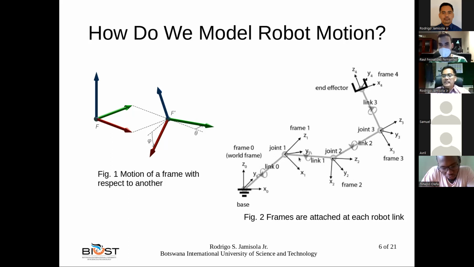That means if we can express frame 2 with respect to frame 1, we can also express frame 3 with respect to frame 2, and frame 4 with respect to frame 3. If we are able to model the movement of one frame with respect to the other, then we can model any consecutive frames: frame 1 with respect to frame 0, frame 2 with respect to frame 1, frame 3 with respect to frame 2, and frame 4 with respect to frame 3.